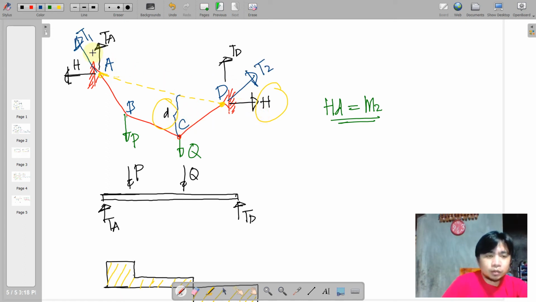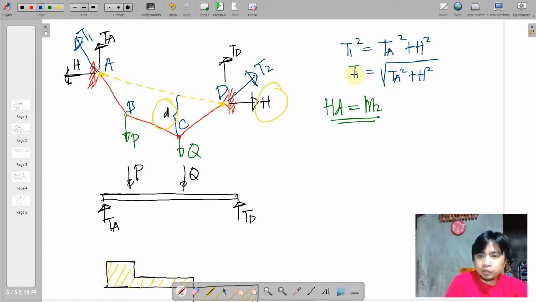And then we can also get this parallel tensile at point 1 and point 2 by the Pythagorean theorem, saying that T1 squared is equal to TA squared plus H squared. That can be simplified on this expression.